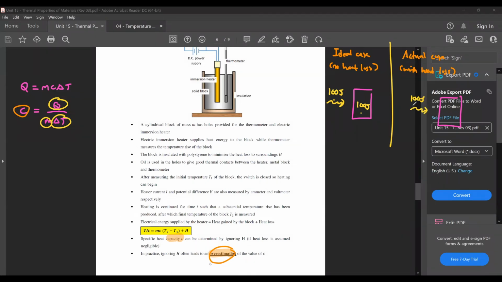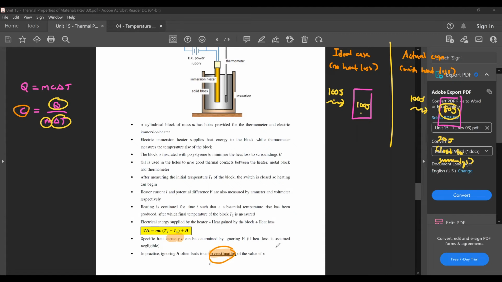But if your heater supplies 100 joules of energy, your block isn't going to get that full 100 joules. Maybe it could be getting 80 joules, and the rest, 20 joules, is actually lost to the surroundings. Okay, so your actual case is that you're getting less heat.